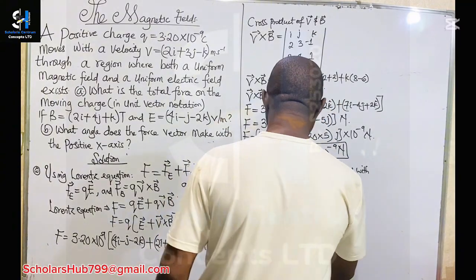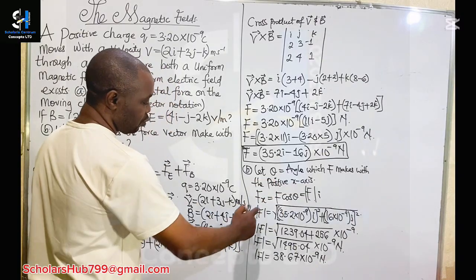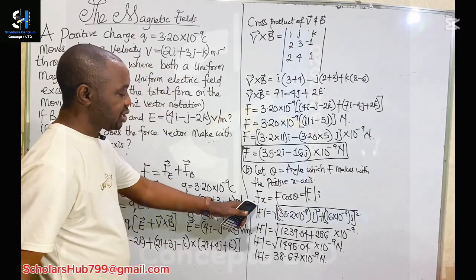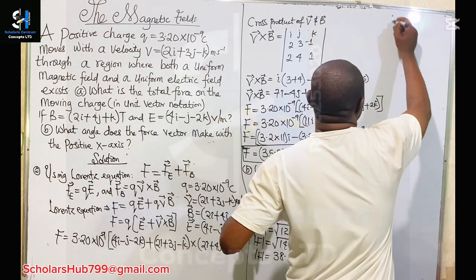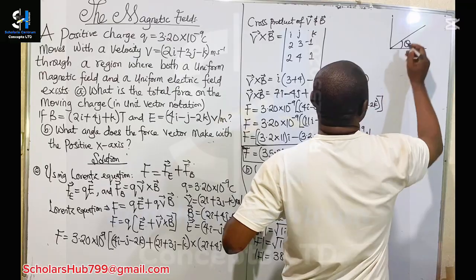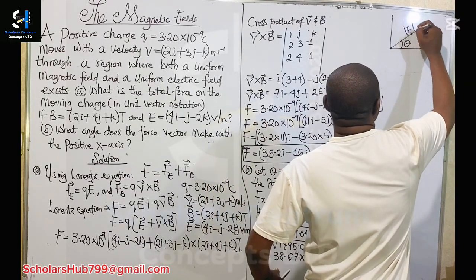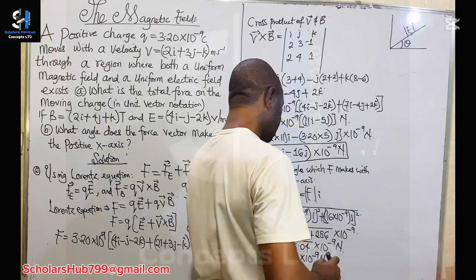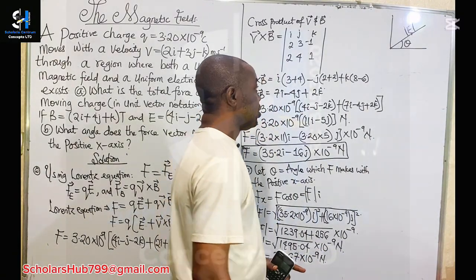Now remember that I said, to be able to calculate theta, we know that for the horizontal component, this is the angle, and this is the force. We have the resultant vector, which is 38.67 times 10 raised to the power of negative 9 Newton.